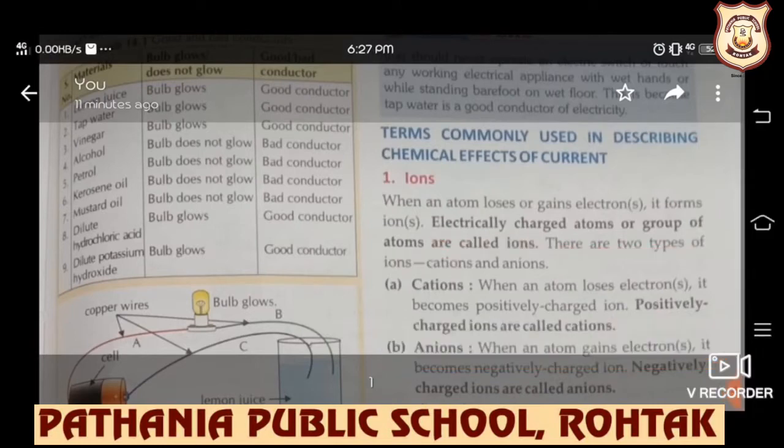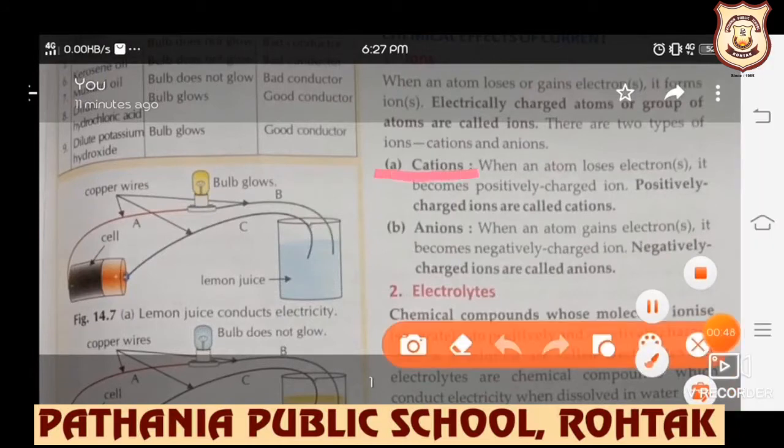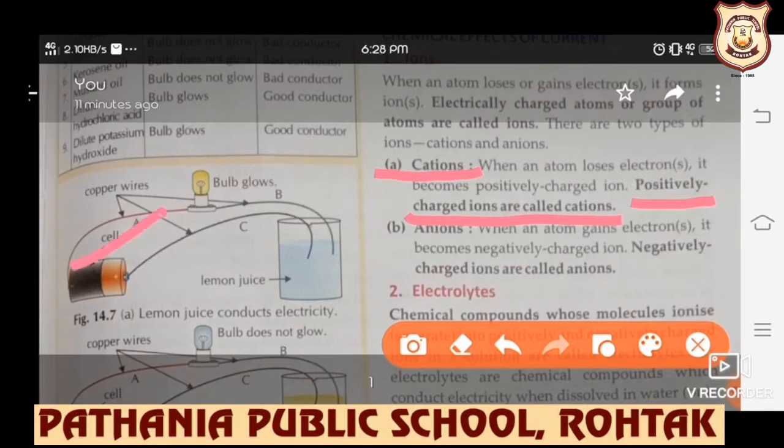So there are two types of ions. First one is cations and second one is anions. First of all we'll be discussing cations. Cations are positively charged ions. So what happens when we get positive charge?